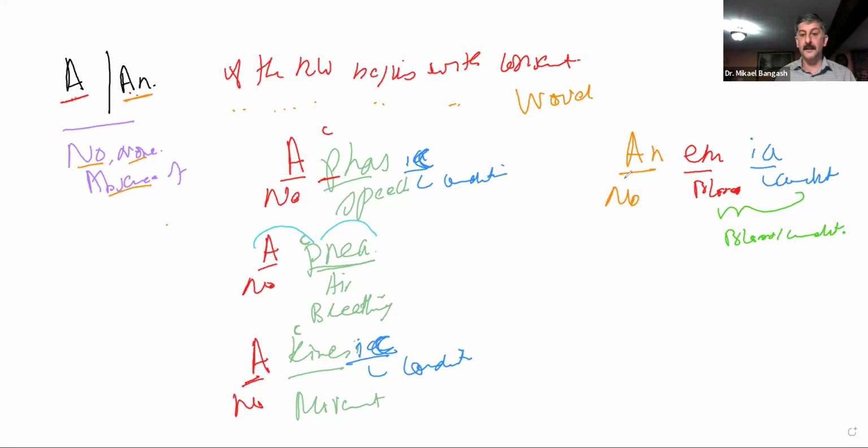Now that doesn't mean that there's no blood condition. What we now know as anemia literally meant a condition in which the patient has no blood. That's very extreme.